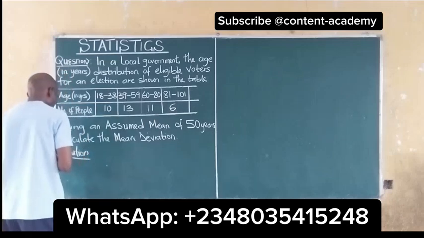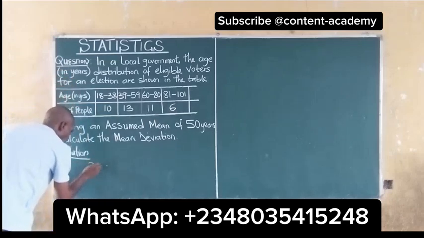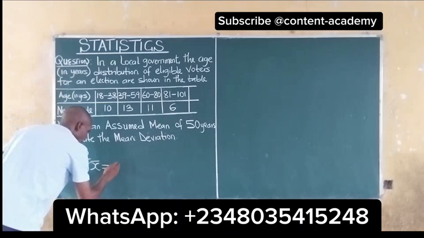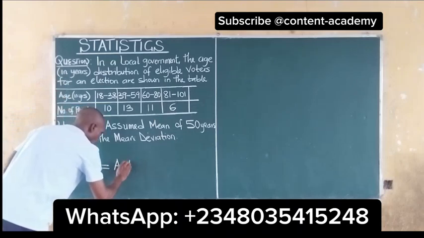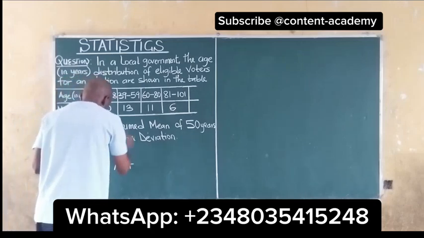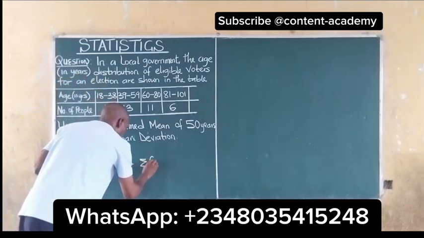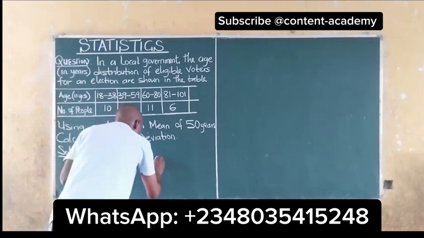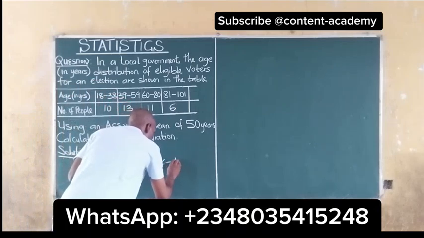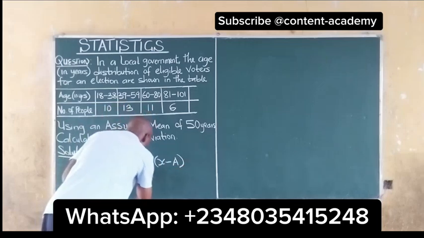The first thing to note is that our mean is equal to the assumed mean plus the summation of f of x minus a, where a is the assumed mean, all over the summation of f.